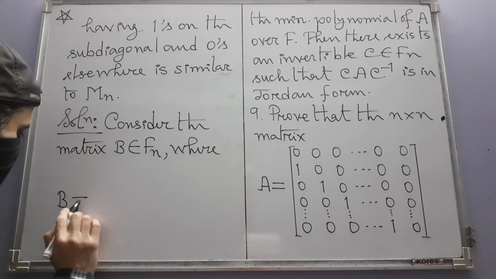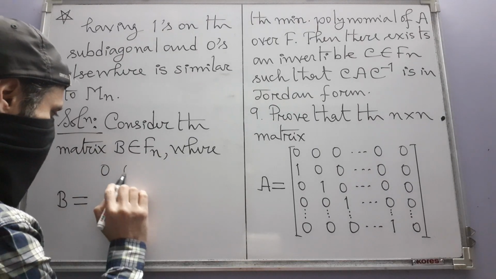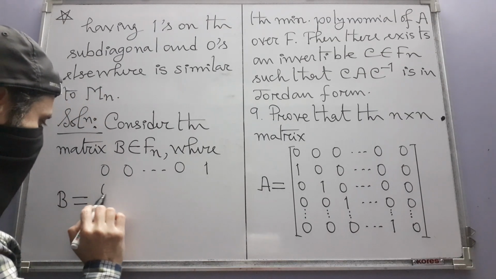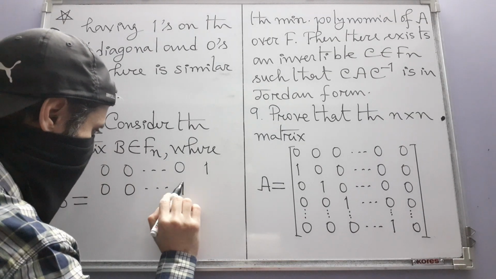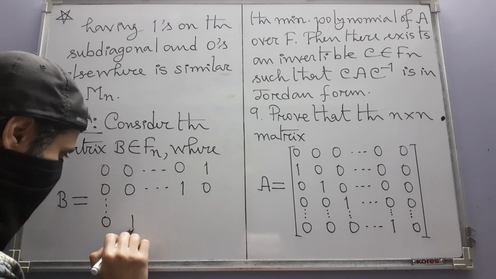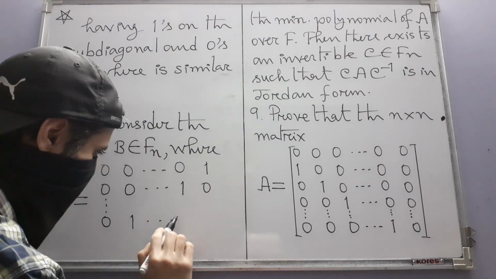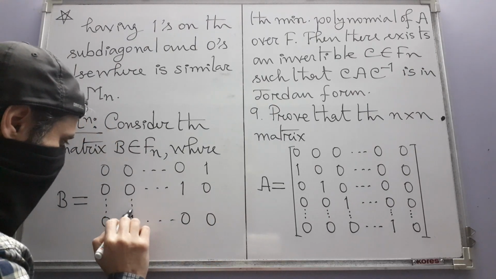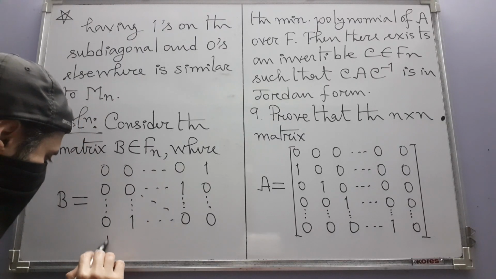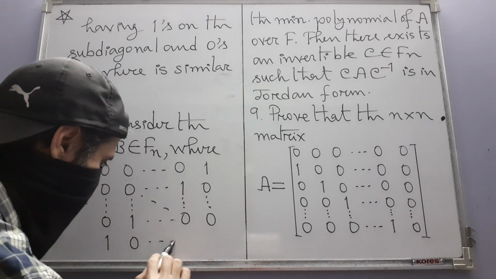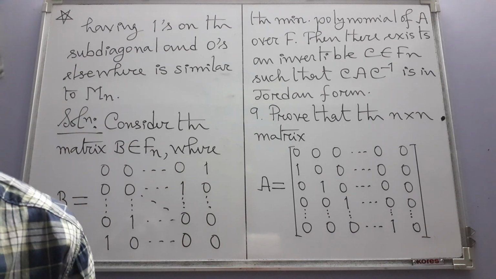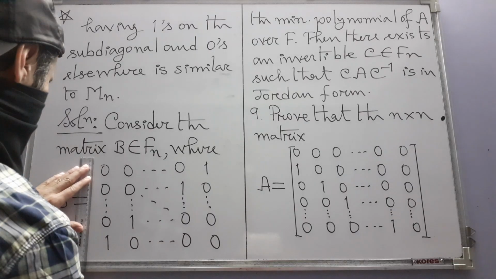So it will look like this: 0, 0, 0, 1, 1, 0, 0, 1. Then after that, of course, we have only zeros. And then finally 1, 0, and the other entries are 0 in the last row. So this is my matrix B.